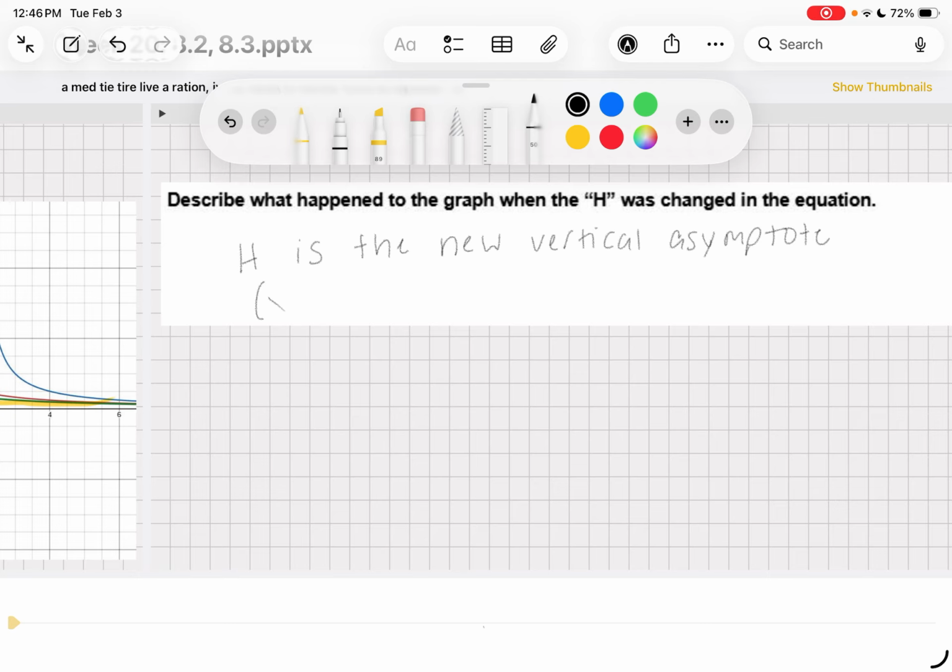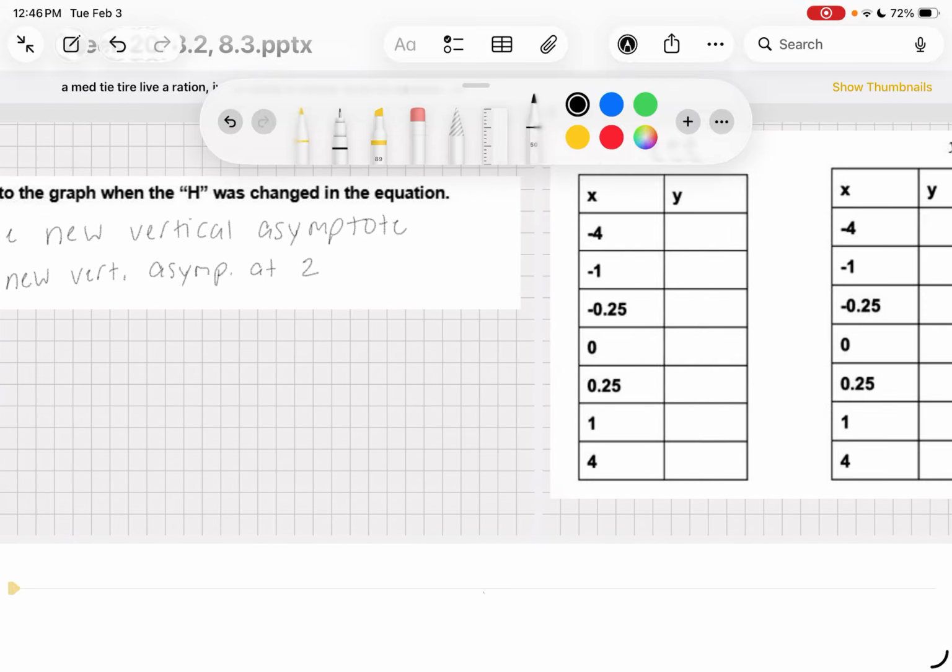So if I have x minus 2, that means the new vertical asymptote is at +2, and vice versa. If I had x plus 2, that would mean the new vertical asymptote would be at -2.